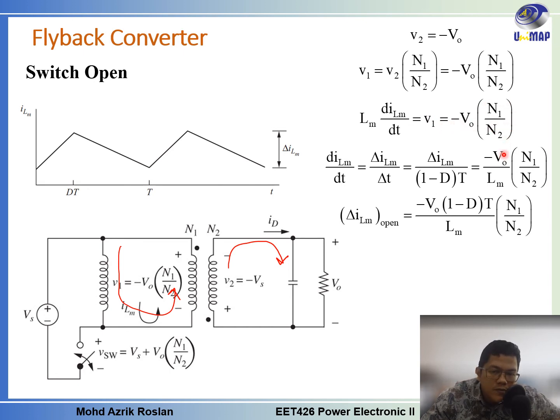Like the previous one, we want to know about delta ilm, so we move the Lm to this side. The remaining is dilm over dt equals delta ilm over delta t. During the switch open, the delta t will be from here to here, so this is the delta t during the switch open.